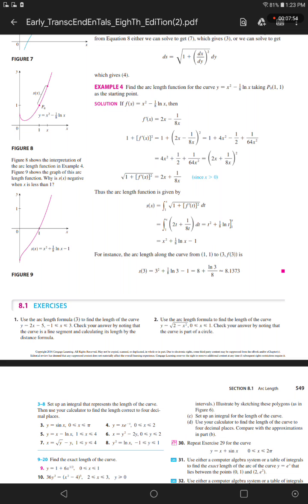If f(x) = x² - (1/8) ln x, then f'(x) = 2x - 1/(8x). 1 + [f'(x)]² = 1 + (2x - 1/(8x))² = 1 + 4x² - 1/2 + 1/(64x²) = 4x² + 1/2 + 1/(64x²) = (2x + 1/(8x))².